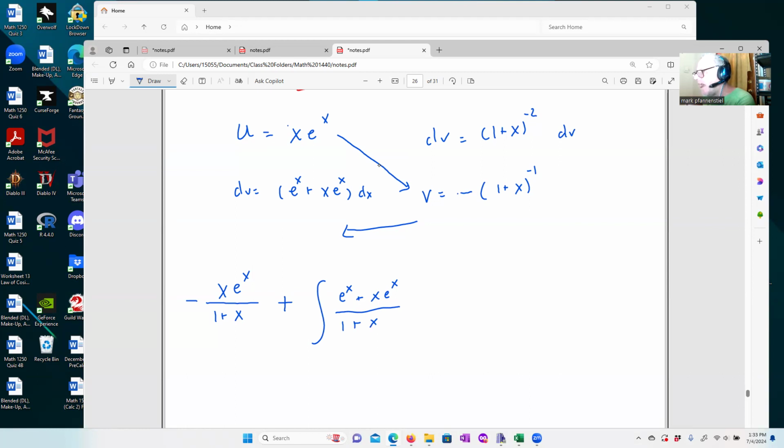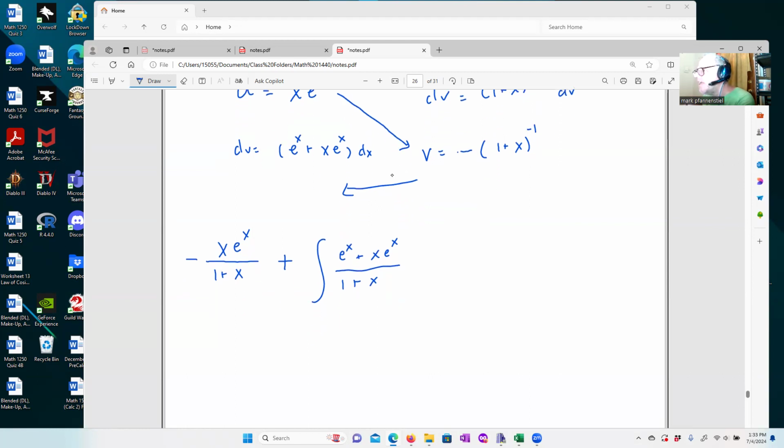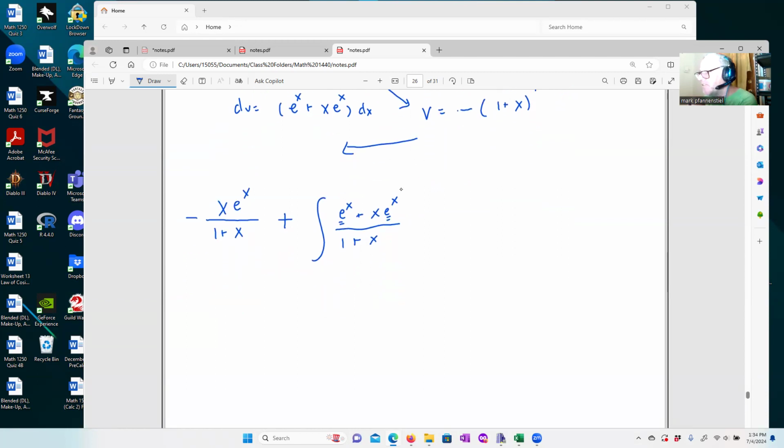We have the negative 1 at the bottom, all set. Right here, before I do too much more, we could factor out an e to the x off the top. So we're going to say this is negative x e to the x divided by 1 plus x, plus the integral. Don't put it on the outside, leave it on the inside, of e to the x.